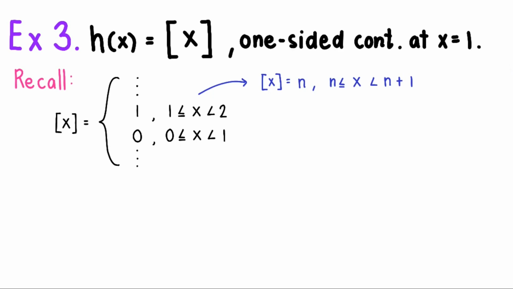So this just tells us that it's like all values just before the next integer, in this case n plus 1, is equal to the previous one, which is n.